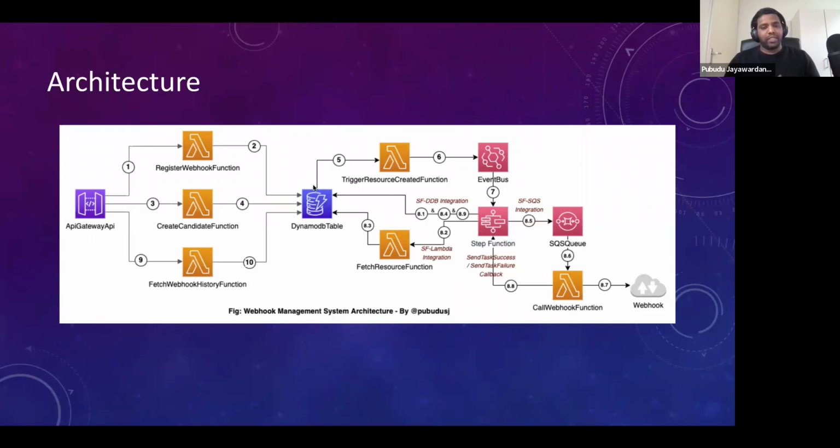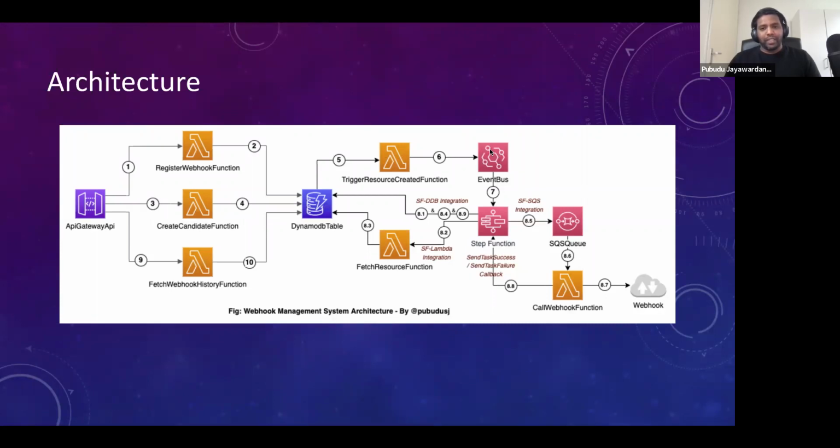So here I use the insert event, as well as the type is candidate. Then this Lambda function is triggered. What this Lambda function does is basically it sends a message to the event bus. So this is the one that actually forms the message to be sent to the event bus.